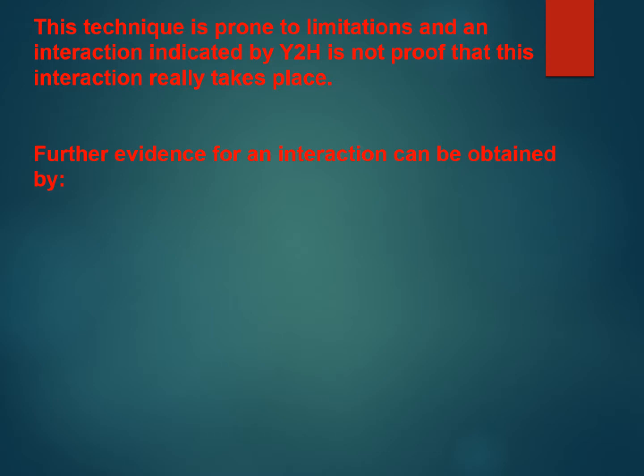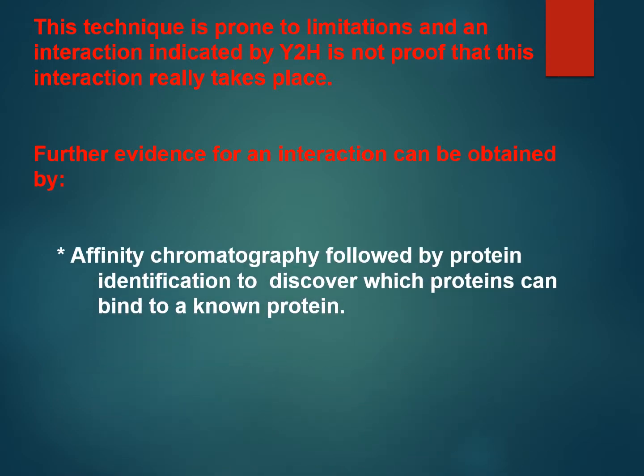So, okay, there are limitations, and so we turn to other interaction technologies. If you remember our chromatography, we could do affinity chromatography. We could take a bait protein and pour over a cell extract under non-denaturing conditions, so no SDS, to isolate proteins that bind to it under conditions we can modify.